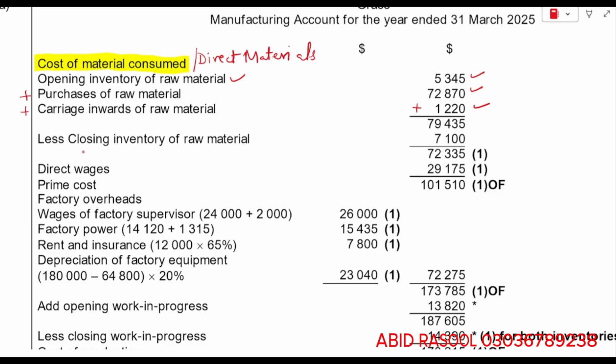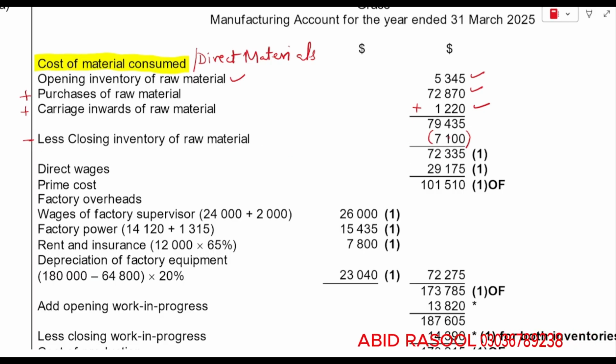And now we have to subtract the closing inventory of raw material. This is given in the additional information. This will be subtracted. Closing inventory of raw material of 7100 will be subtracted. For subtraction you will place brackets around the figures. Okay, this means it is being subtracted. I also showed here with the minus sign.